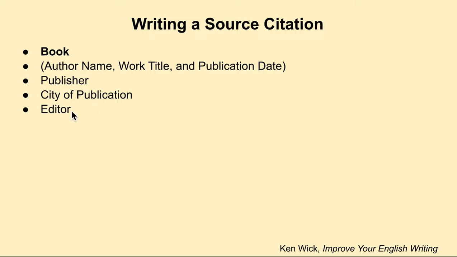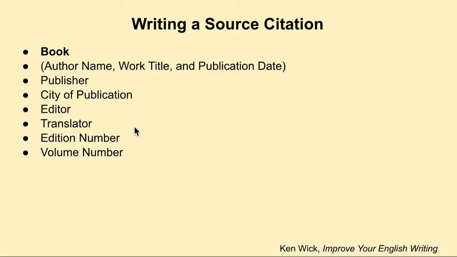Editor, if it has one. A translator, if it has one. Edition number, if it has one. It may not have one. Remember, these are all the publication details that are applicable. So if you don't have an editor or translator, you don't record it.